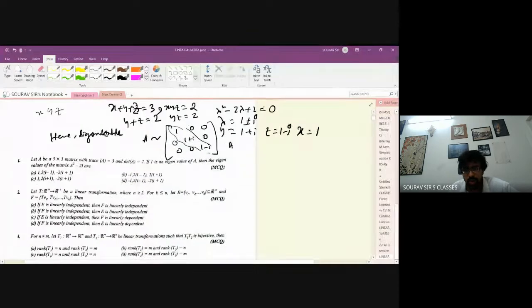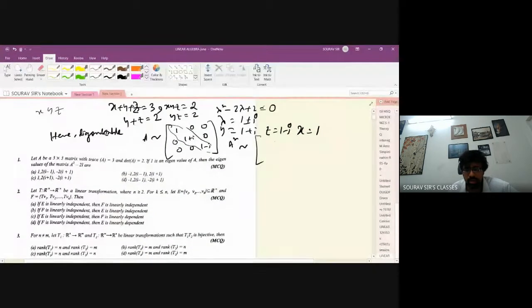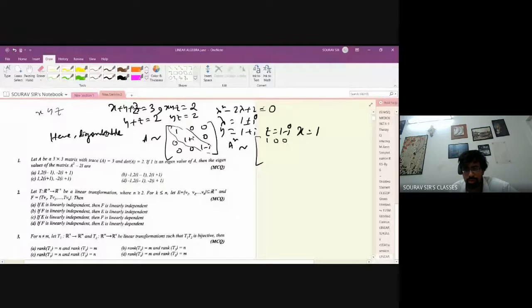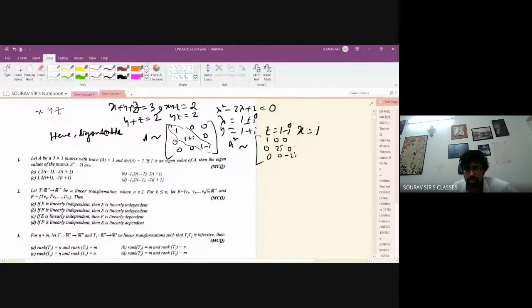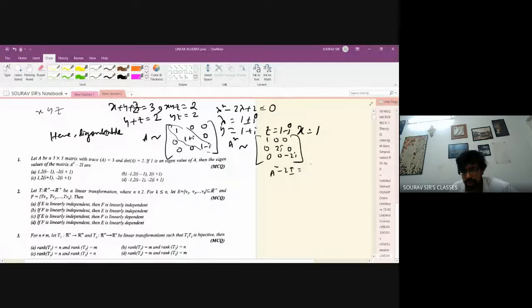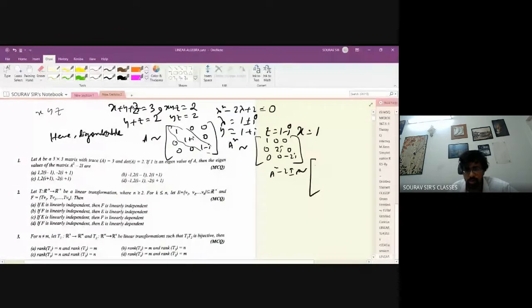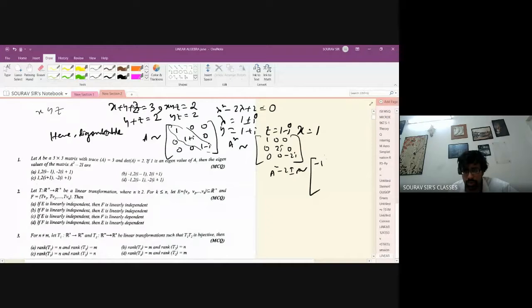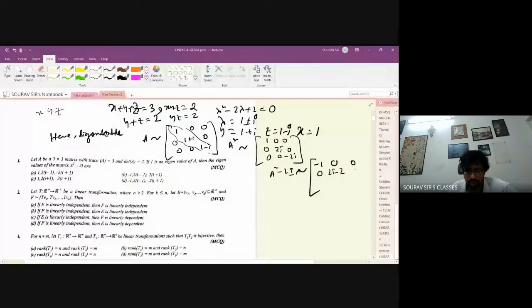So A square will be diagonal with 1, 2i, minus 2i. So A square minus 2A, this formation will be very easy now. Remember that I'm not giving equal to 0. It gives 2i minus 2, and minus 2i minus 2.